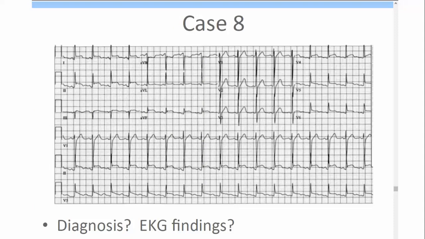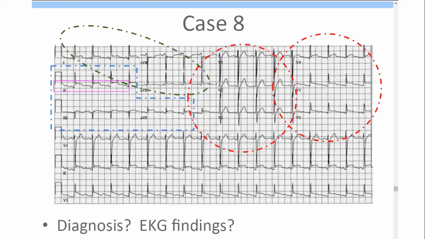So this EKG shows us that when we kind of look around, looks like we've got ST elevation in lead 1 and AVL. You think, oh, is there an MI? And we see some ST elevation in lead 2, looks like here. Maybe something in AVF in lead 3. We look over here in V4, 5, and 6, maybe some ST elevation here.